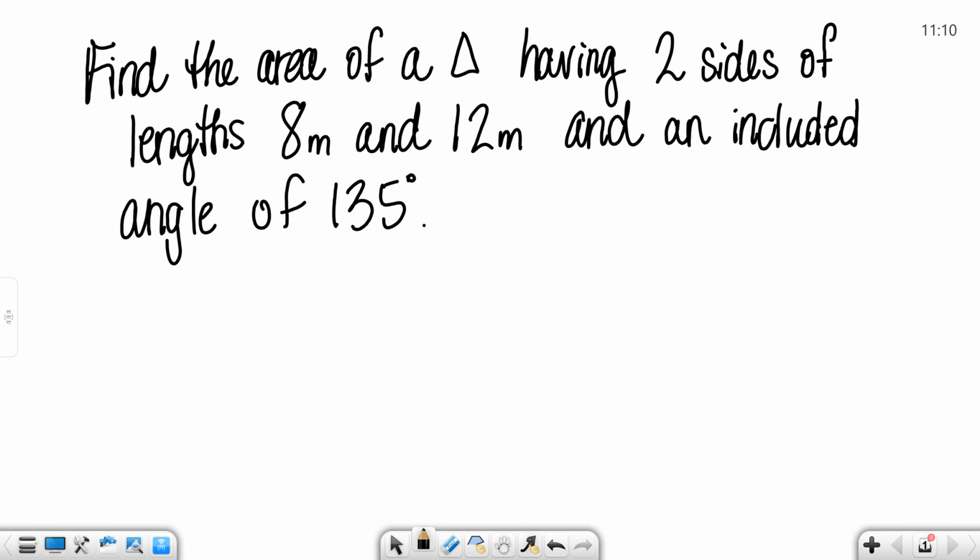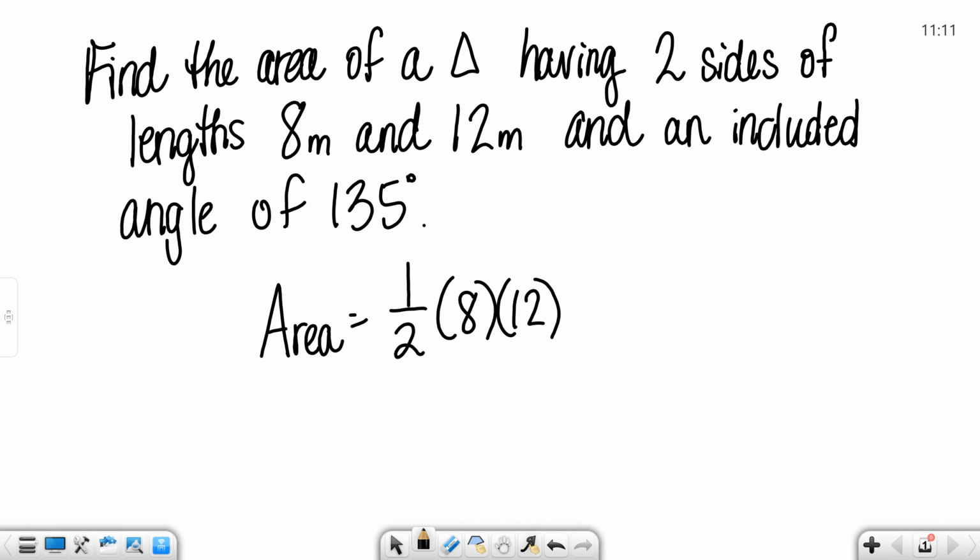Okay, so our little formula says, all right, to find the area, I say 1/2 times the two sides that I know, times the sine of that included angle. It is important that they told us that was the included angle.